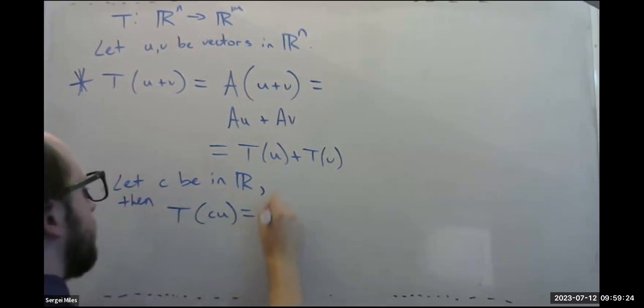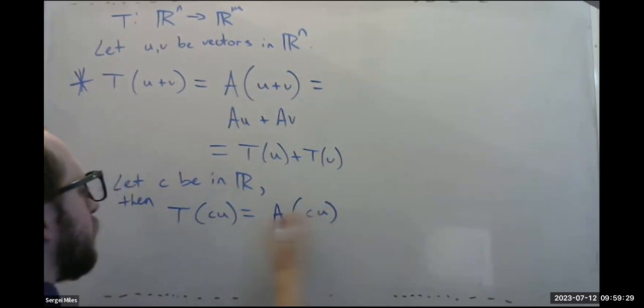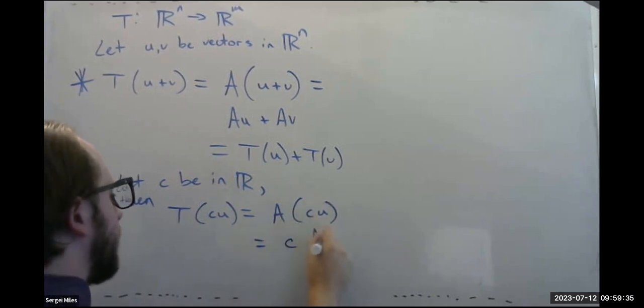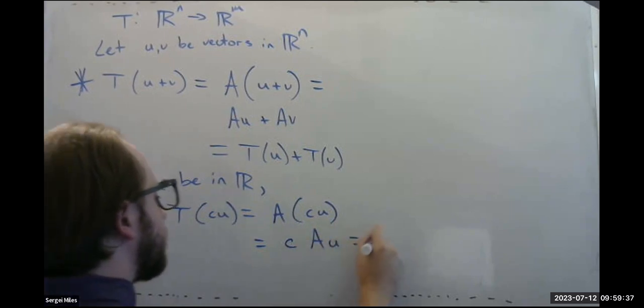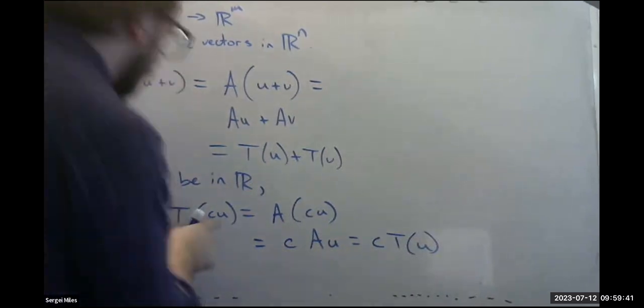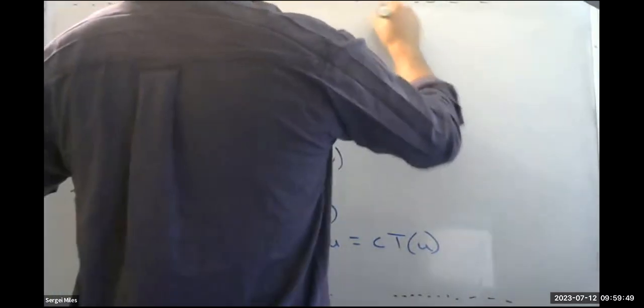Well, this is the matrix A times cu. But remember, with matrix multiplication, when c is just a constant, I can change the order in which I multiply things. That's really just the same thing as c times T of u. So constants, I can pull outside of the transformation. This is what it means to be called linear.